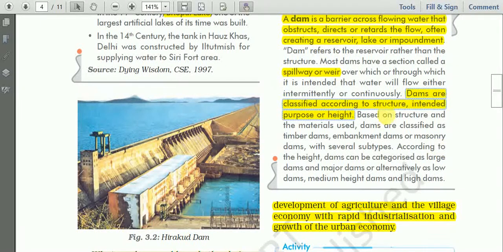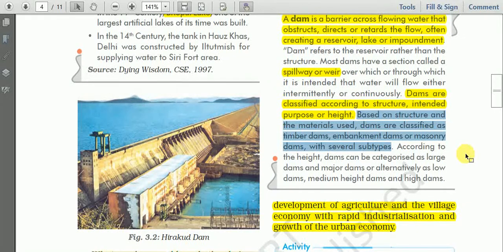Now let us see, based on structure and the material used, dams are classified as timber dams, that is dams made of timber, wood, then embankment dams or masonry dams, the dams made of stones and mud.